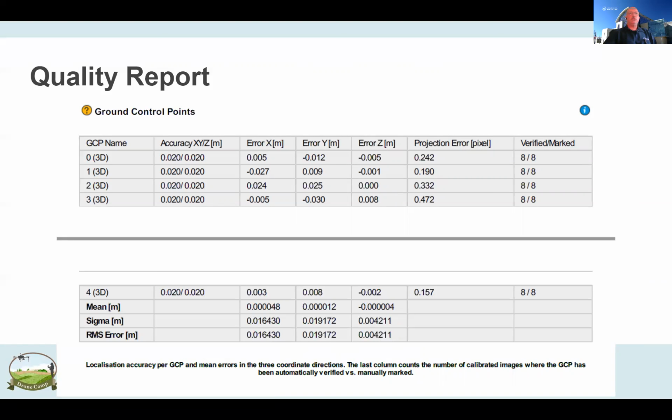So in this case, you see our overall error was about 2 centimeters in the horizontal, and even better than that, less than a centimeter in terms of vertical error. I'm not sure if I believe that, but that's what the software says.